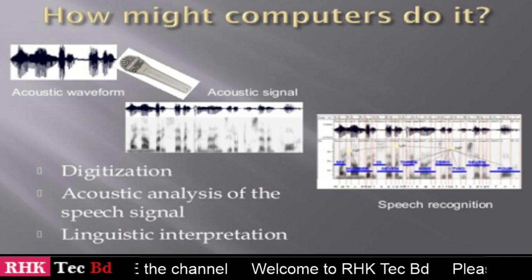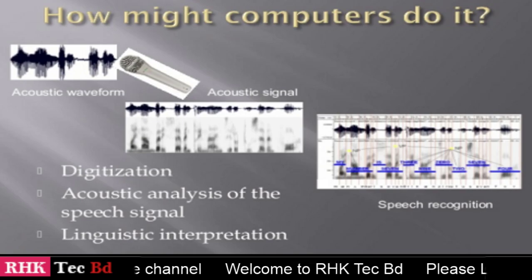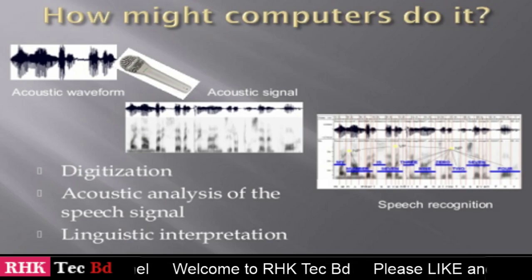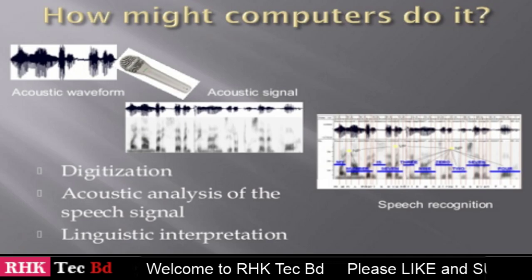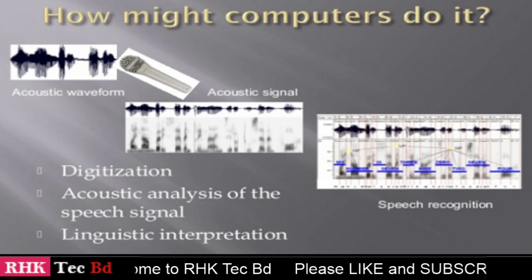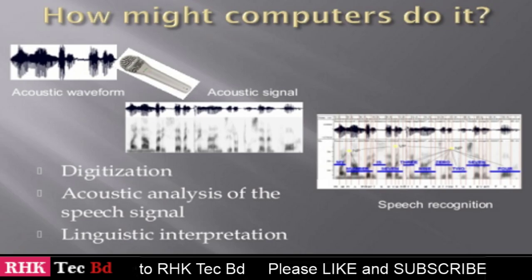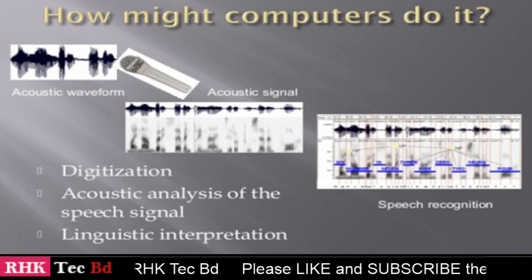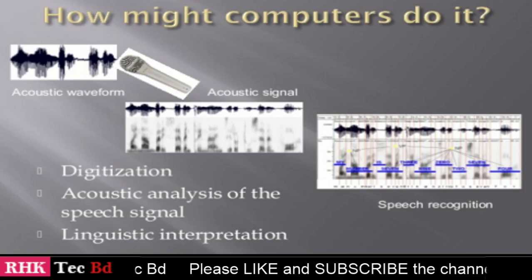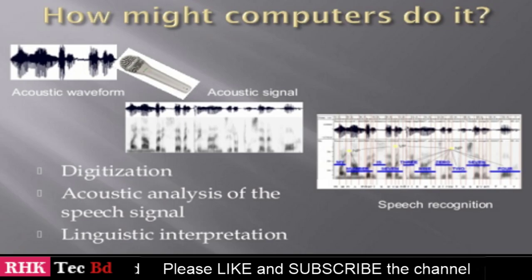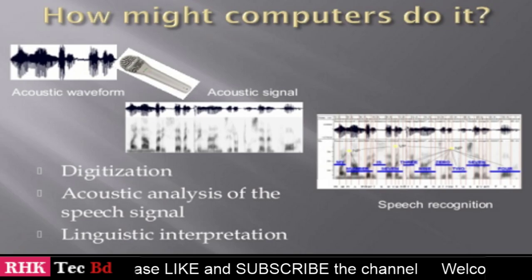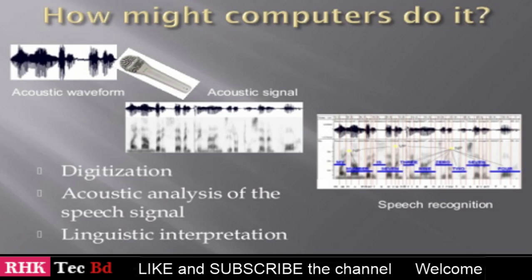Once the digitization is done, then the acoustic analysis of the speech signal is made, which we have already explained earlier. Acoustic analysis means the sound created by the speaker is analyzed to make text out of it. Then linguistic interpretation is done. Once the transcription is transformed into text, the text is then analyzed by the language model to interpret it.